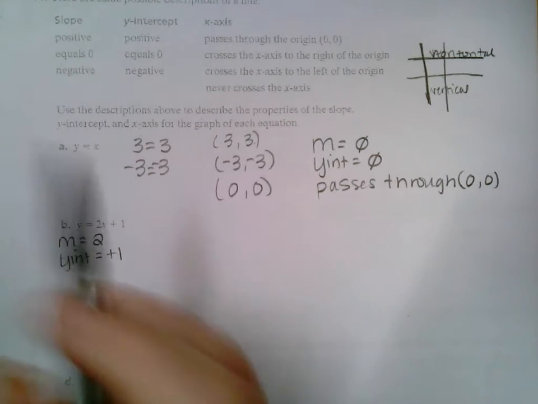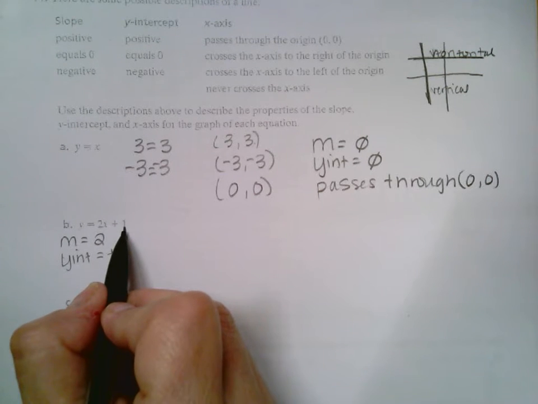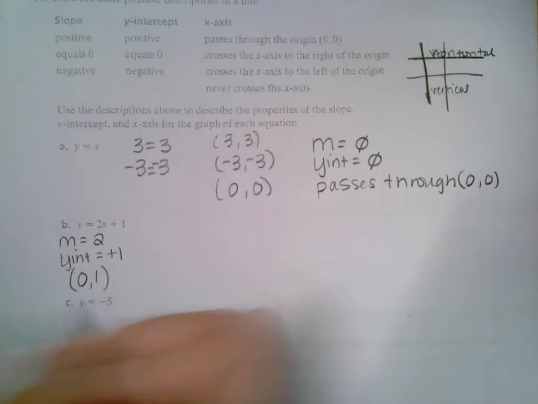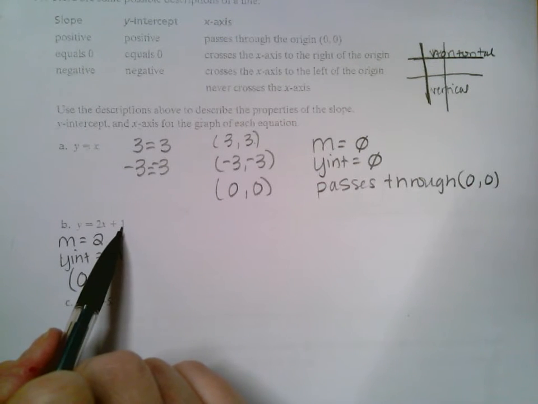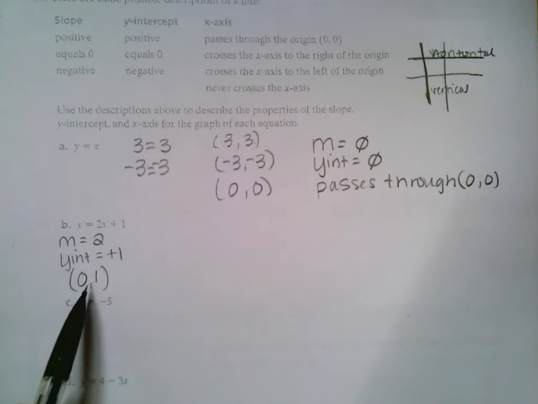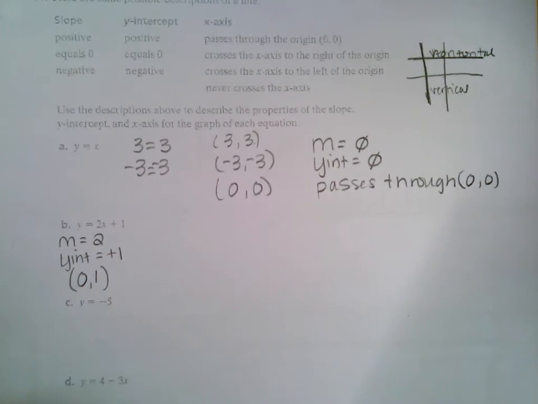So what is x when my y-intercept is 1? It's 0, because my y-intercept is y when x is 0.